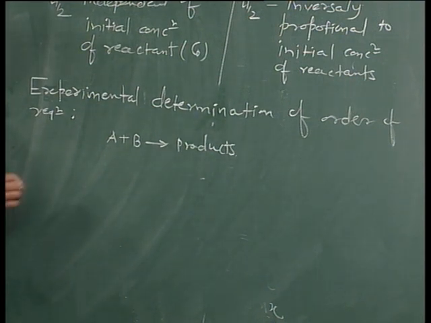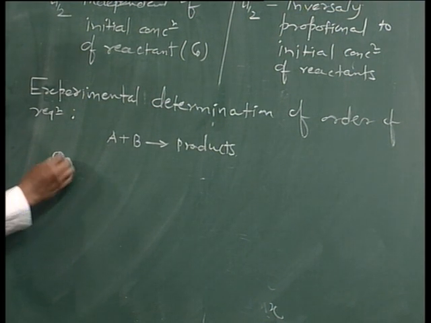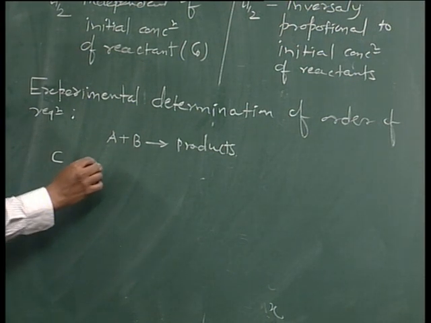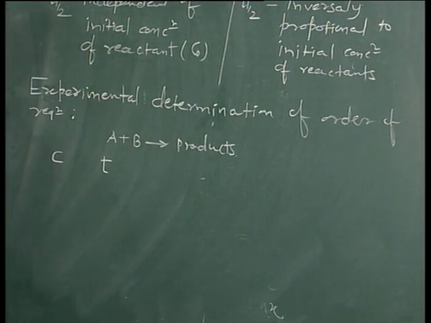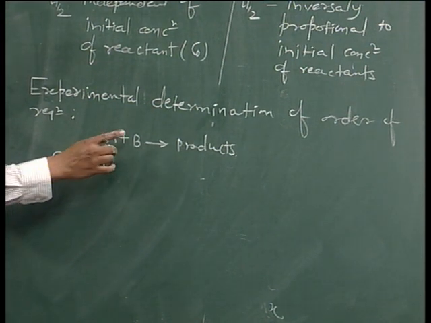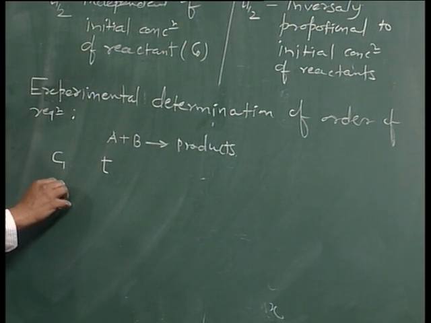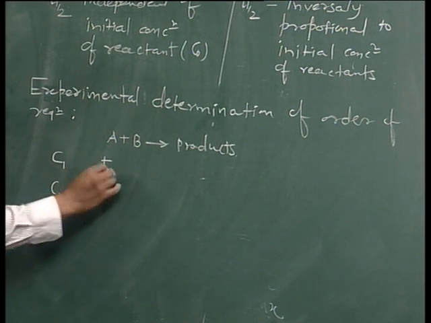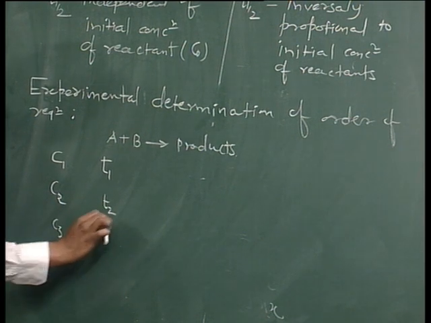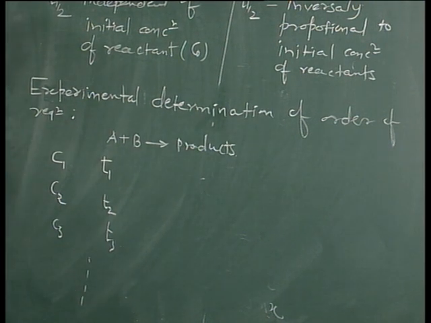It means that we are measuring the concentration of reactant that remains unconsumed after a certain time, and therefore if we fix the time interval of say 5 minutes or 10 minutes or anything, then we can have different values of concentration of reactants, that is C1 at time t1, C2 at time t2, C3 at time t3, and so on.